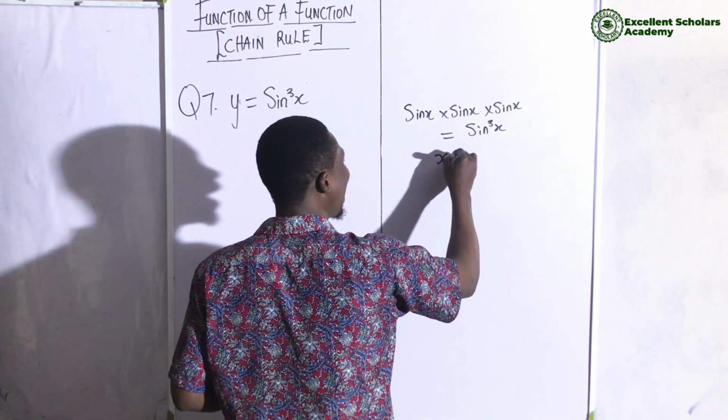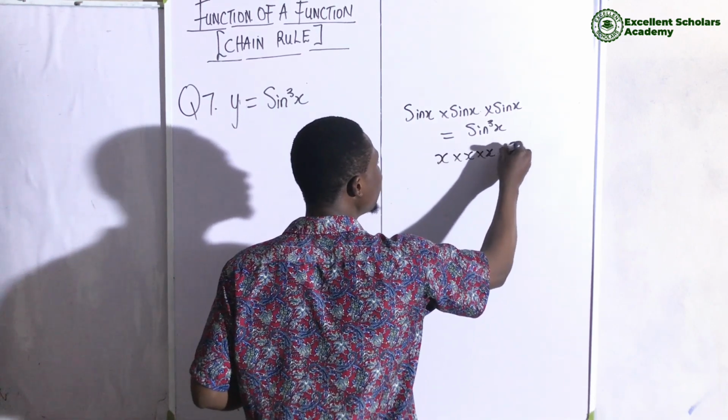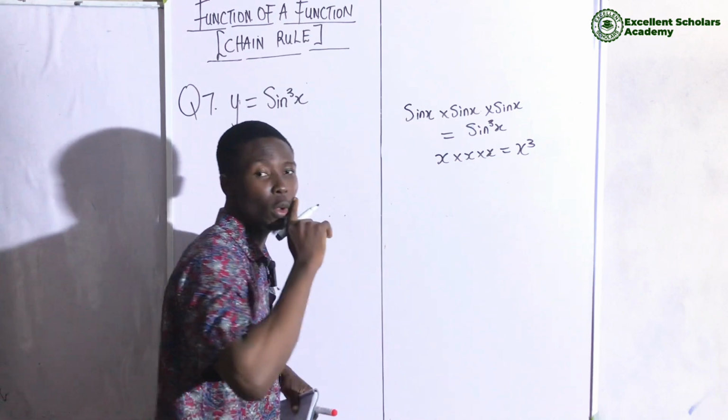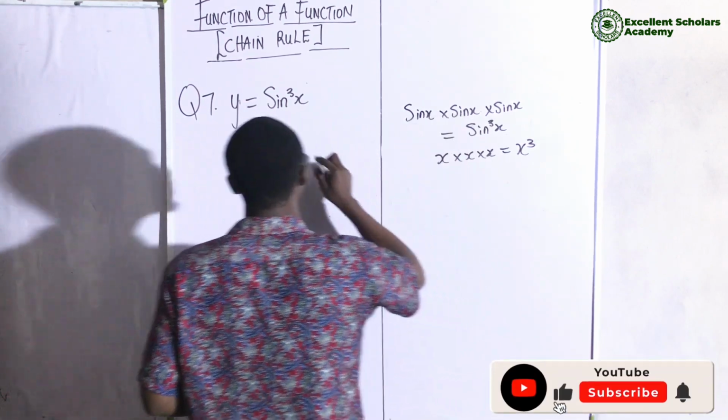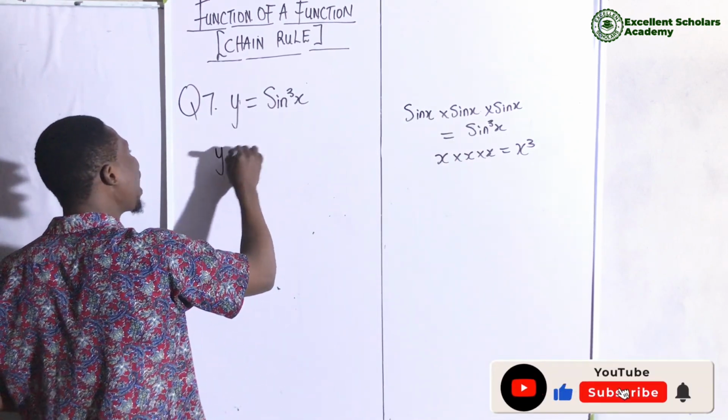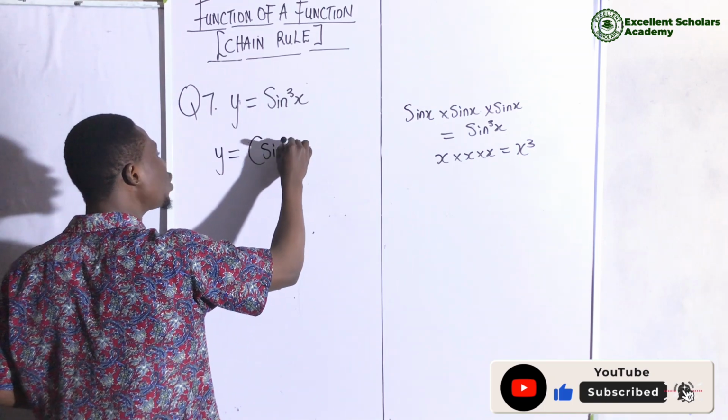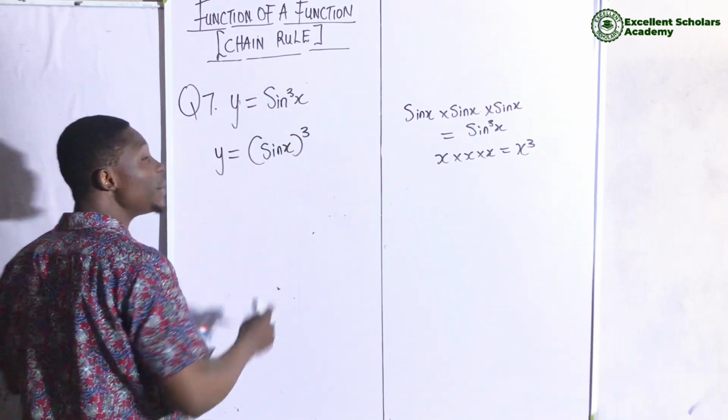Just like if you multiply x times x times x, it gives you x to the power of 3. So it means that this can also be written as y equals (sine x) all to the power of 3. They are the same thing.